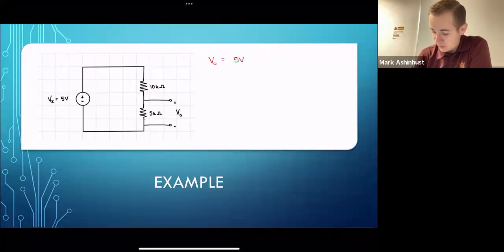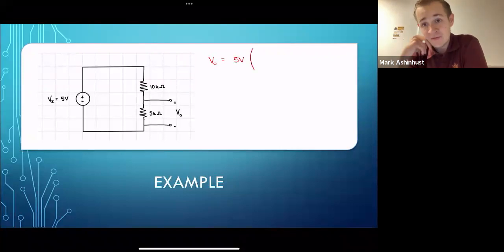Now, this is another thing relating back to sign conventions: is that 5 volts going to be positive or is it going to be negative? In this case, it's going to be positive because the positive polarity of our sought voltage aligns with this source. The positive here touches the positive here.